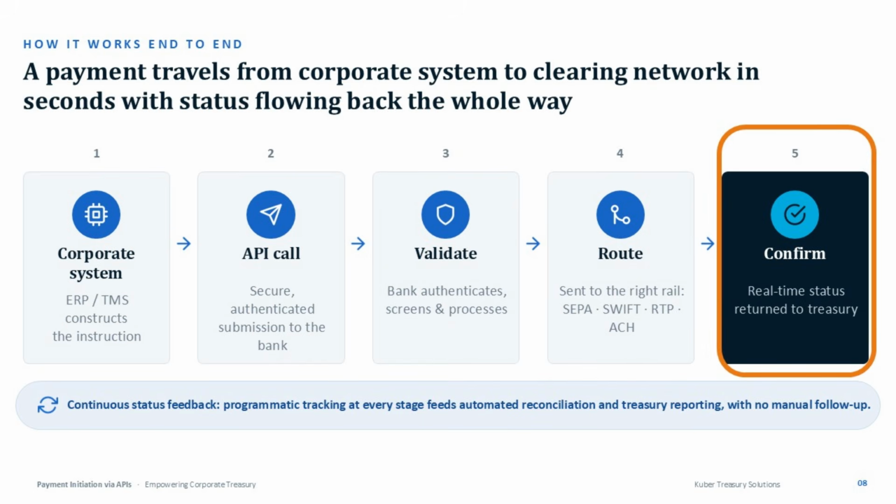And finally, step 5, confirmation. The bank sends information back to Treasury. That information can tell Treasury whether the payment was received, accepted, processed, or if there was a problem, right, or issues.